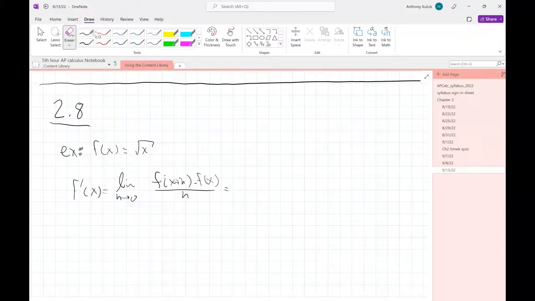I don't know if that's important or not to us, but I'm going to go ahead and do my substitution now. So I'm going to write this with the functions filled in, but what did I forget? My limit.